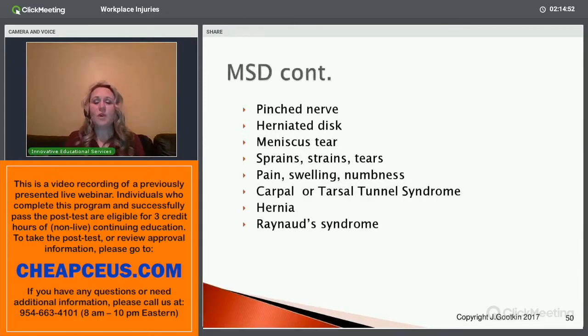The sub-reporting categories that OSHA has, when we look at the different diagnoses that OSHA lets you check off on, it's an interesting list. Pinched nerve, herniated disc, sprains, strains, tears, we see all of those.